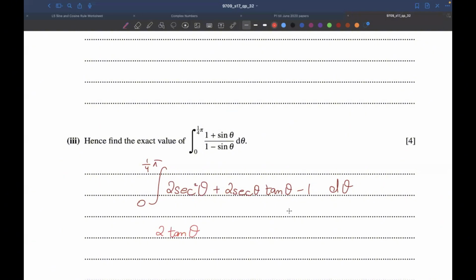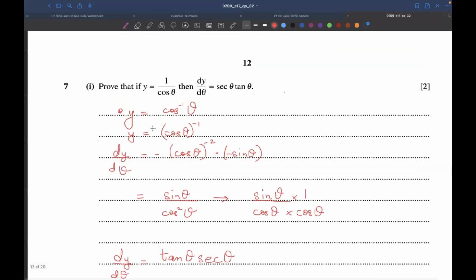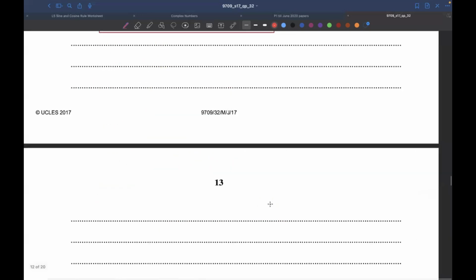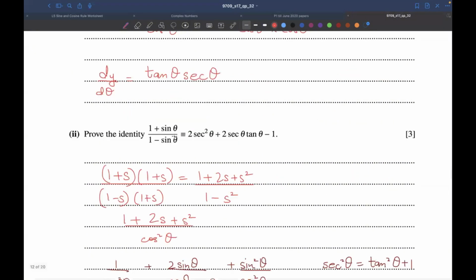For 2 sec theta tan theta, in part 1 what we learned was that the derivative of 1 upon cos theta is sec theta tan theta. Let me just check it again. The exact answer was tan theta sec theta.